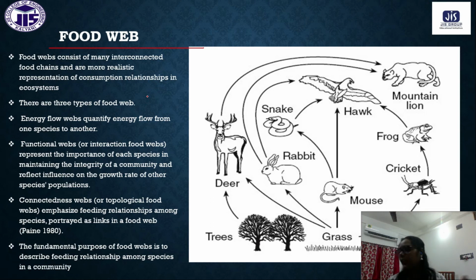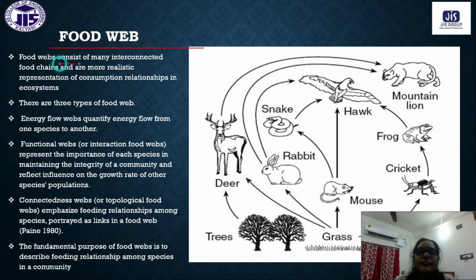We have so many components of the ecosystem, so many types of ecosystem. All types of ecosystems are connected with each other. The interconnection between the ecosystems, like the pond ecosystem, grass ecosystem, forest ecosystem, mangrove ecosystem, how they are interconnected, that is called the food web.